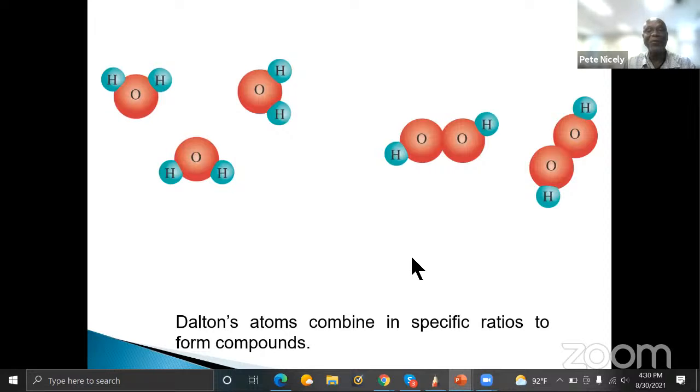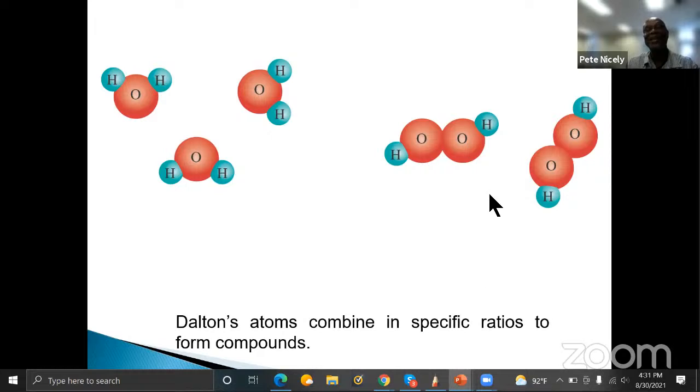Now, this is dealing with the fact that atoms will combine in specific ratios to form compounds. This here represents the models for the water molecule. As you can see, for every oxygen atom present in the molecule, there are 2 hydrogen atoms. So there's a 2-to-1 ratio being displayed here in the case of water between the hydrogen and oxygen. And over here in the case of hydrogen peroxide, there's a 2-to-2, or 1-to-1, ratio between the hydrogen and oxygen.